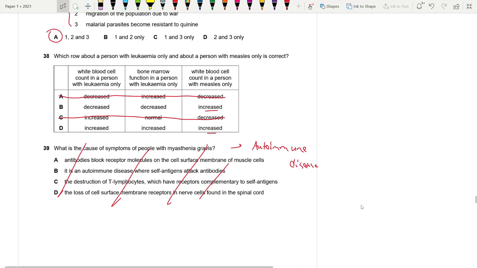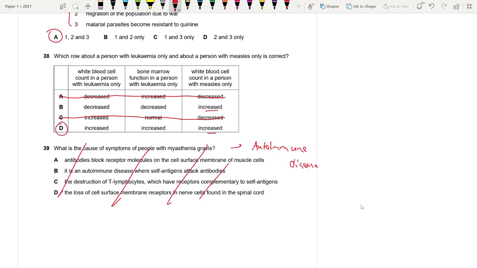Bone marrow function in a person with leukemia only. WBC count in a person with leukemia only. Okay, about this. Basically, what happens in cancer? We have uncontrolled mitosis. The number of cells increases by a great margin and it is uncontrolled. So yeah, the white blood cell count in a person with leukemia only does cause an increase due to uncontrolled mitosis.